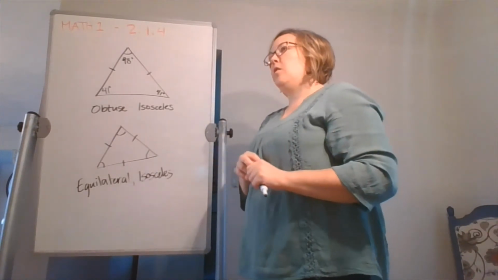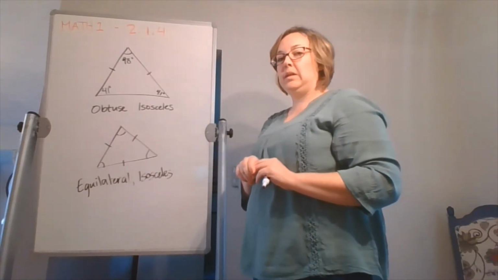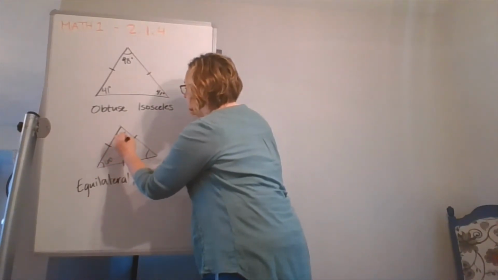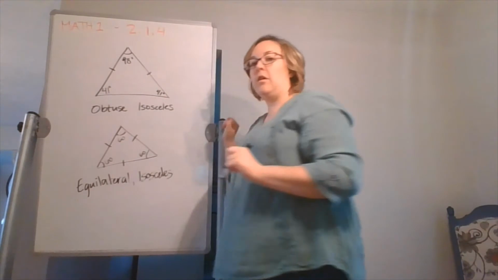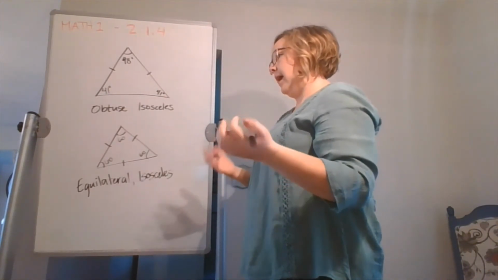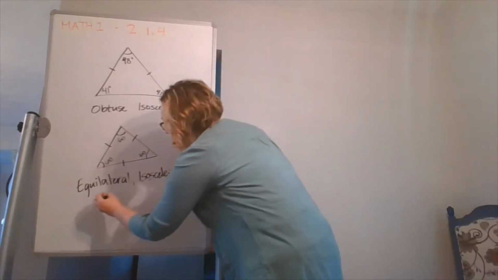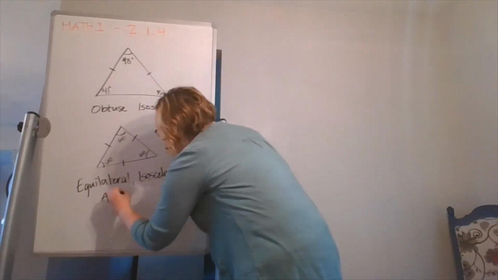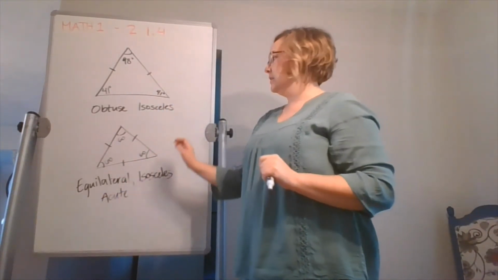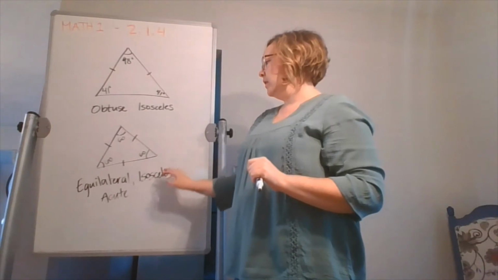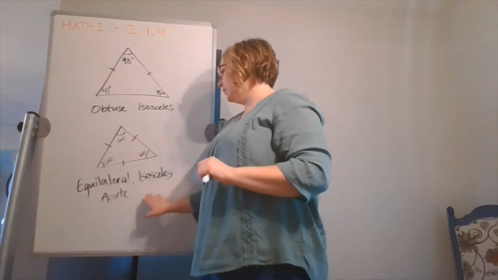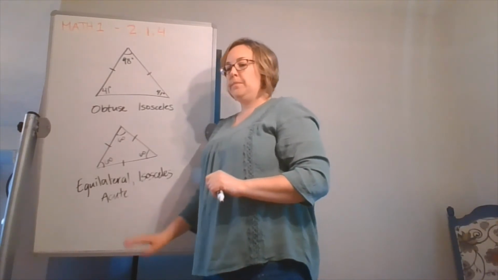In our previous video, we talked about all three angles being equal, meaning that they're all 60 degrees each. And since they are all 60 degrees, that means they are less than 90. So that is also an acute triangle. So if you're given a quiz question that says classify or choose all types of triangles that would classify this one, you're going to pick equilateral, isosceles, and acute. Okay.